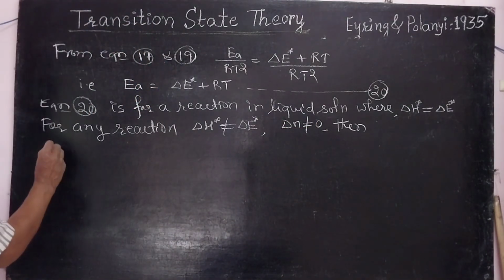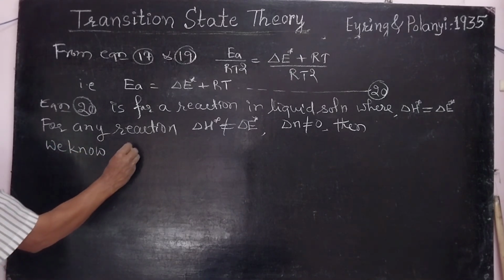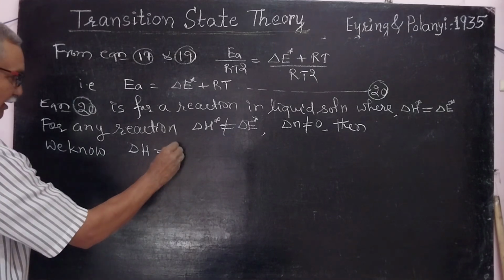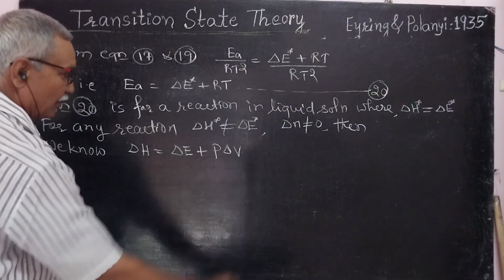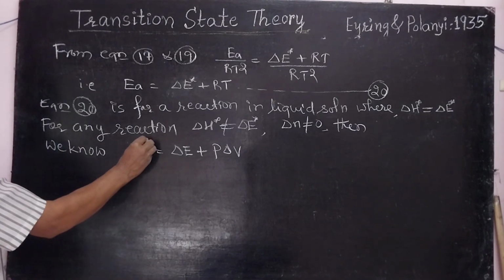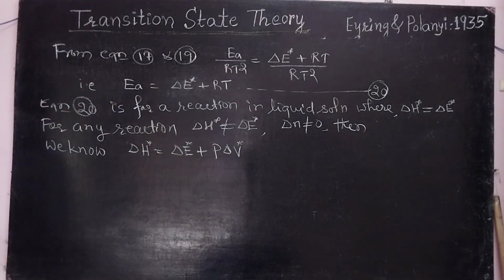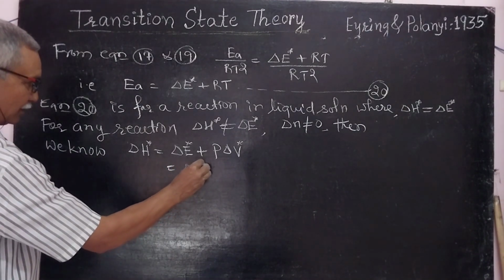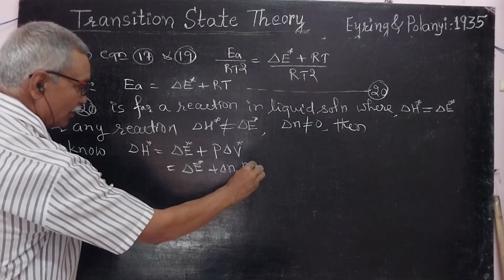We know delta H equal to delta E plus P delta V. Let us take all these as star. Then this is equal to delta E star plus delta N into RT.